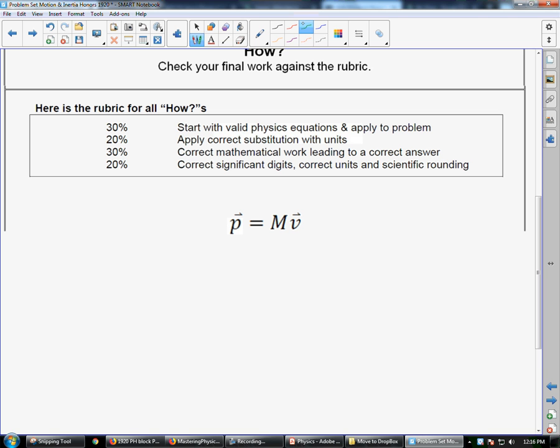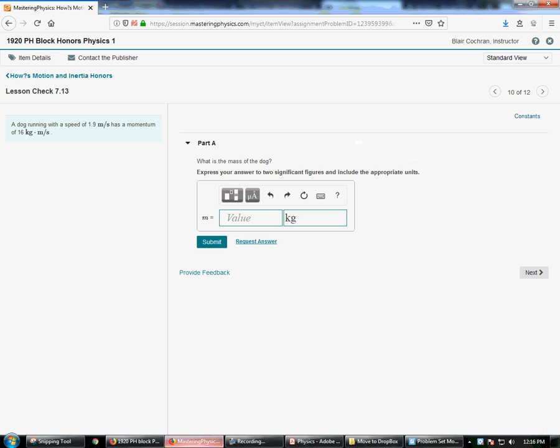Now let's look at our units here. Let's see if they're nice to us unit-wise. Meters per second, that's our base unit of speed or velocity. And kilogram meters per second, that's our base unit of momentum.